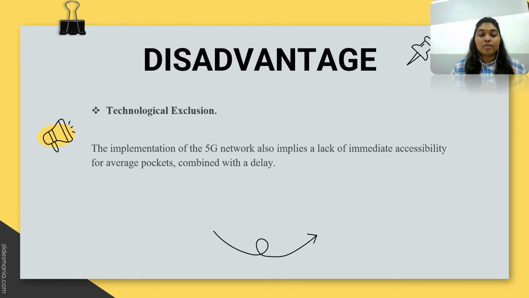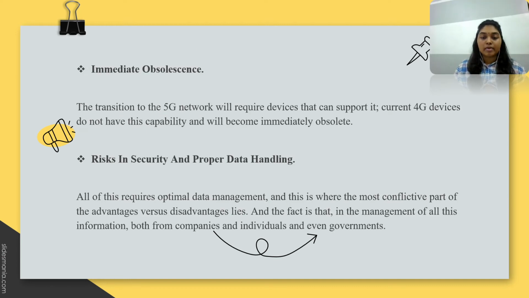The implementation of the 5G network also implies a lack of immediate accessibility for average pockets, combined with delay. The second disadvantage is immediate obsolescence. The transition to the 5G network will require devices that can support it, and current 4G devices do not have the capability and will become immediately obsolete.